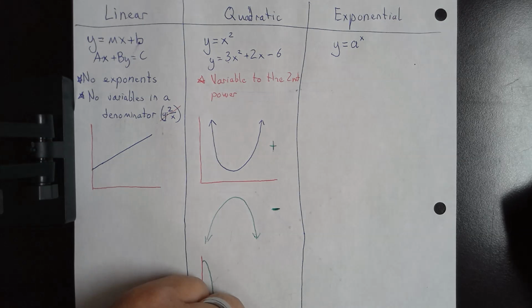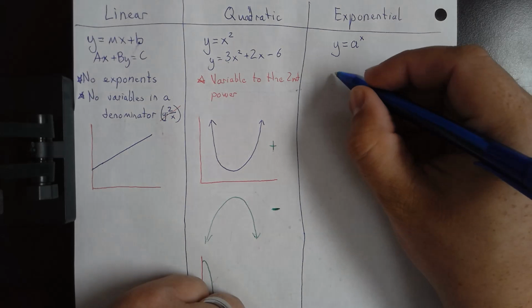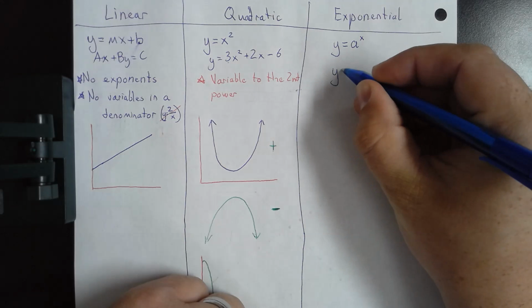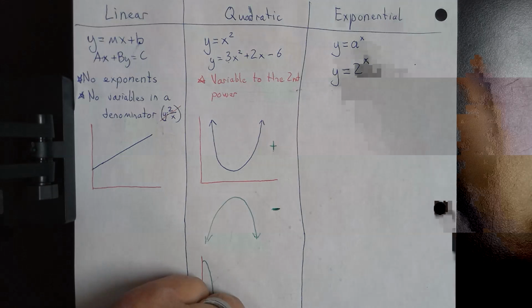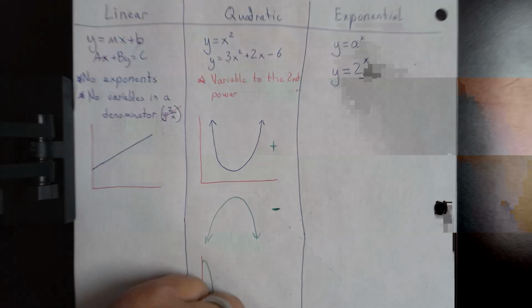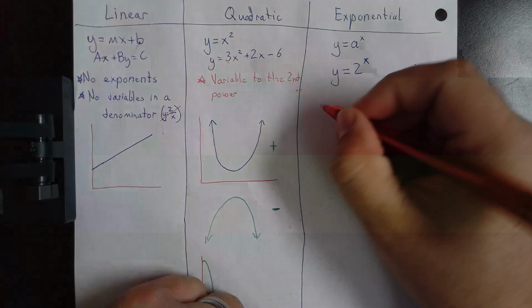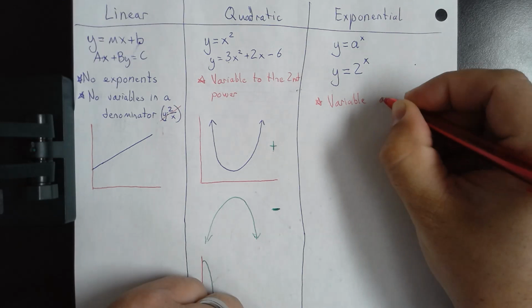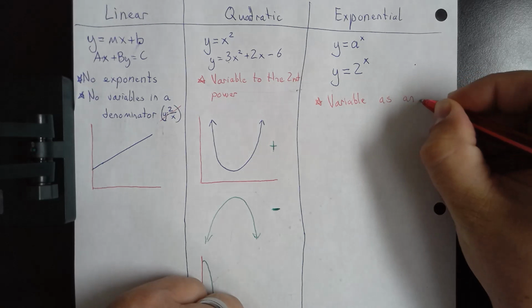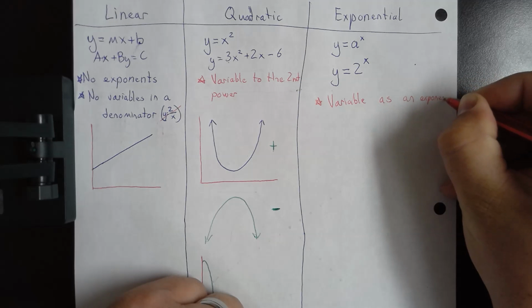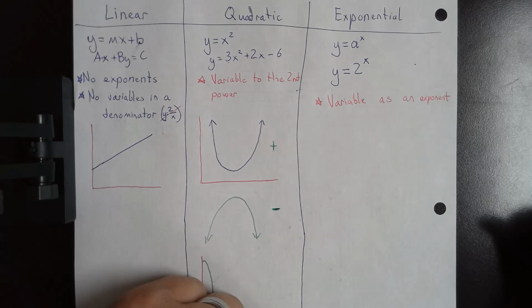And what that means is if we see an actual exponential equation, for instance, y equals 2 to the x power, which is the one that we used when our bacteria was dividing in that example, the key here is that there is a variable as an exponent. We have a variable as an exponent.